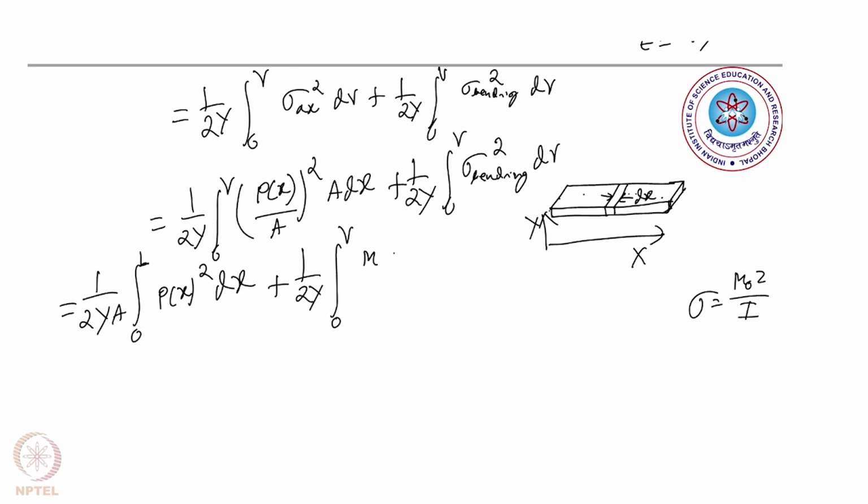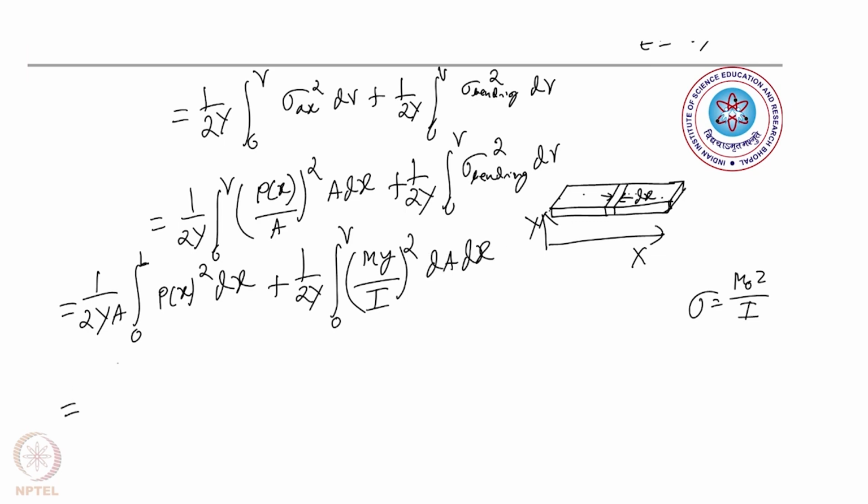So M, and then z is actually here y, because we are taking the layer in the y direction. So at a distance of small y from the neutral axis, we can take My, and then I is the same. So My by I square into dV is dA dx, right.